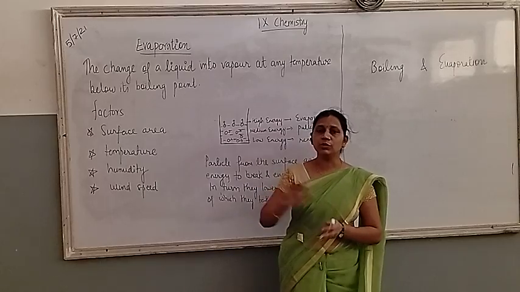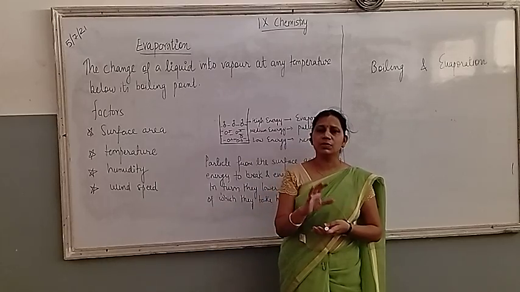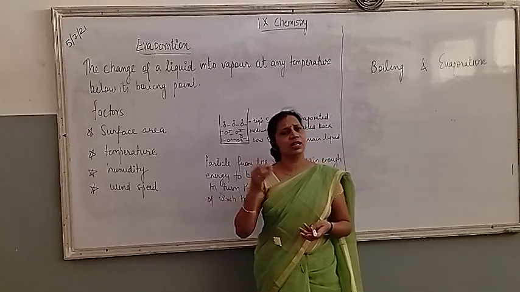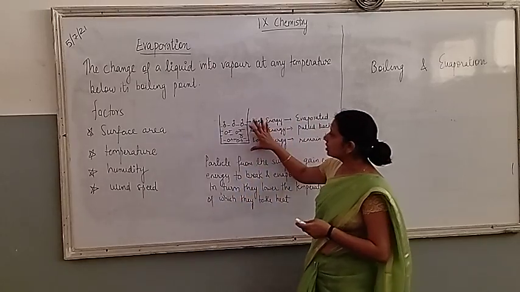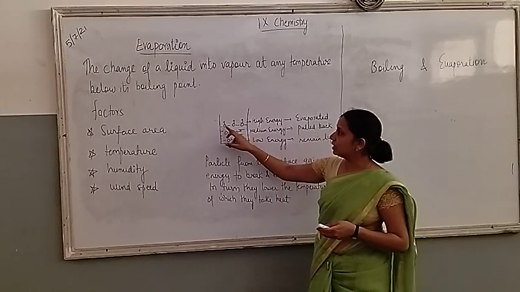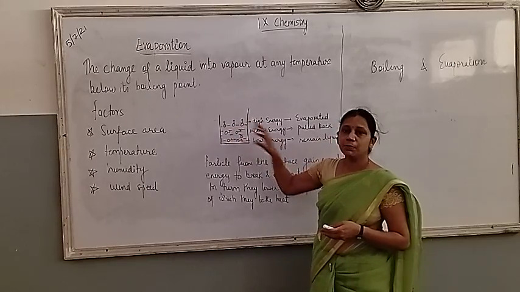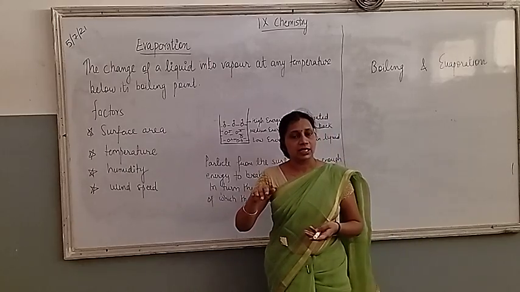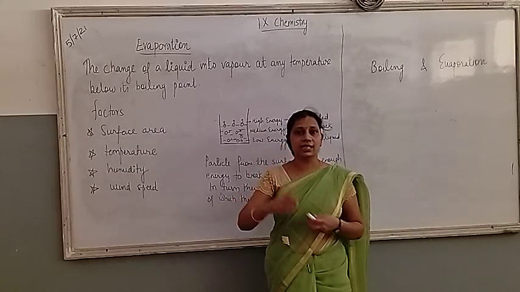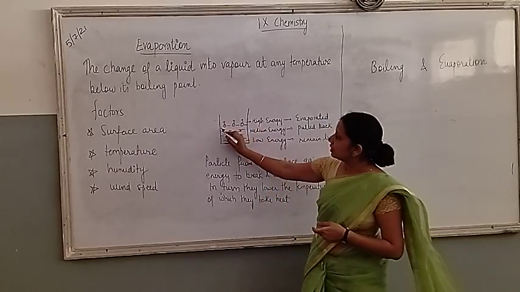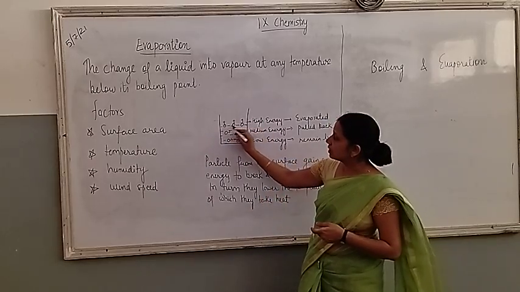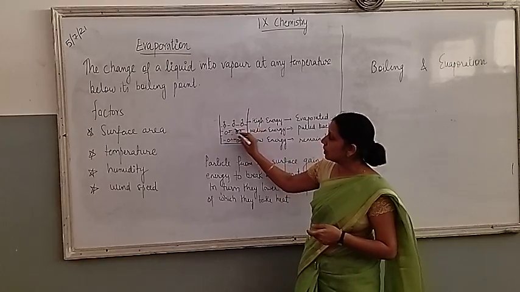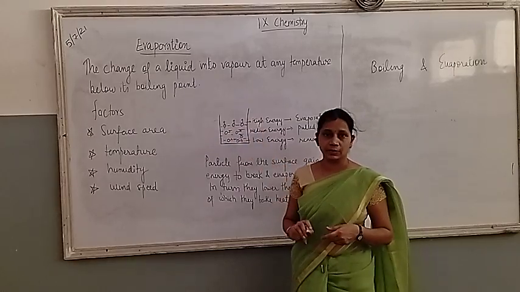Before going to those factors, let's see what happens when water, or any liquid, is evaporated. So here is a container, here is water, and these circles are particles. Now the particles which are on the surface are bound from only one side to the other particles, and on one side they are free, right?